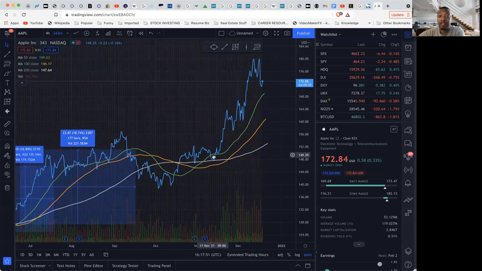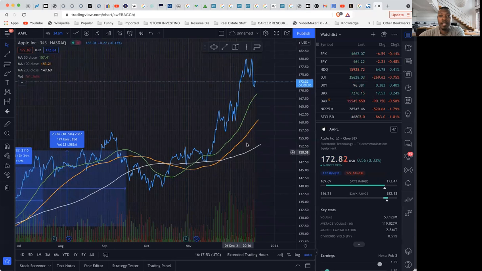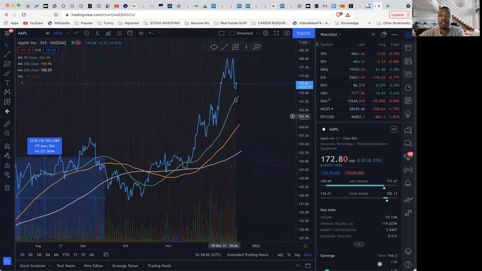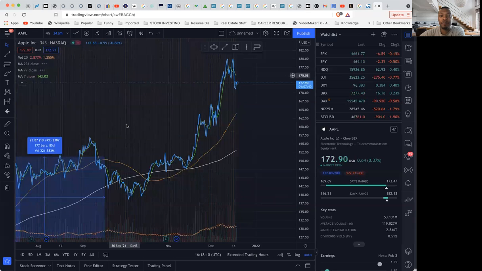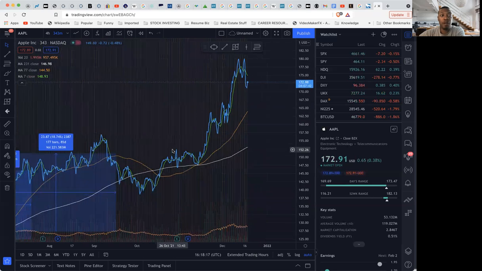You see the green line is well above the gold and the white, and it's still riding high. So that looks fantastic. So you can still be comfortable in Apple stock, doesn't have any signs of retreating beneath these two moving average lines. And if I go look at the boss method, it'll show the same thing. Looks fantastic. So just an example I wanted to show.